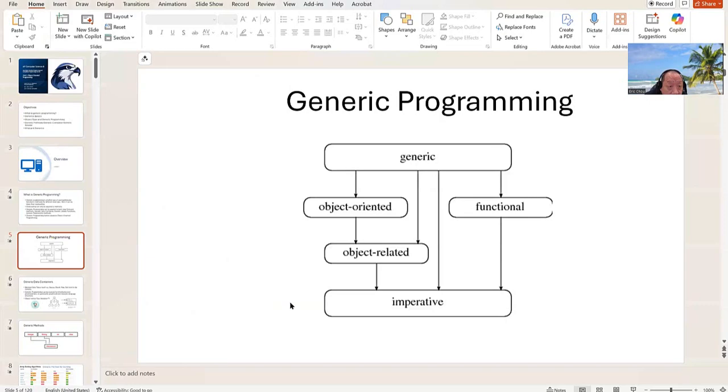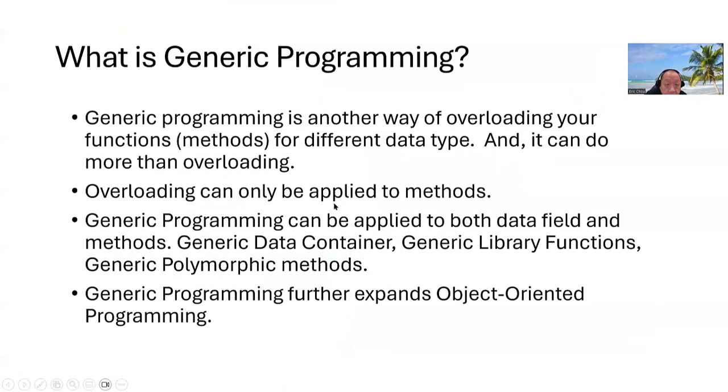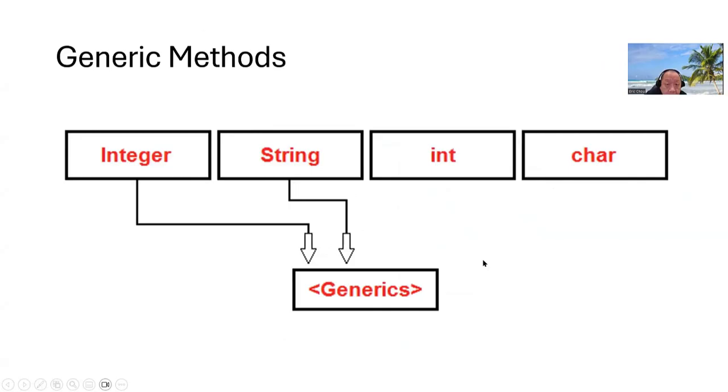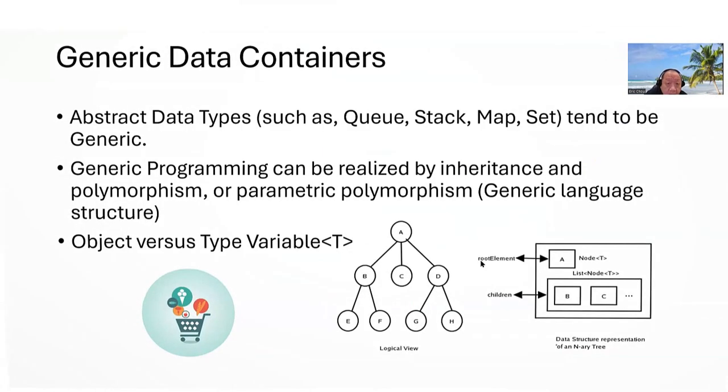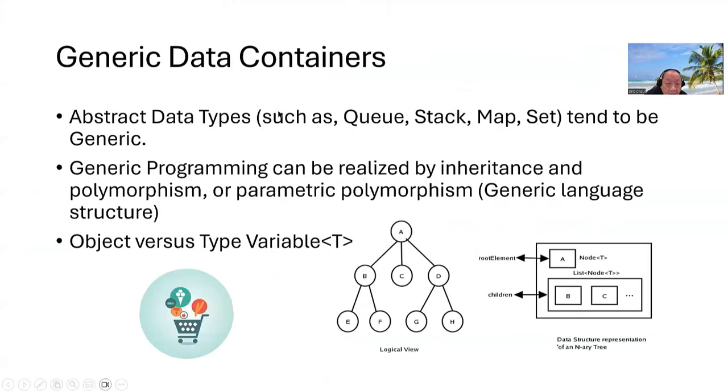Now let's go back. Here we actually talk about generic, imperative, and functional programming. The purpose of generic is to have a function, a container, or an iterator that can process data of different types. So basically, that is generic programming, including generic containers.